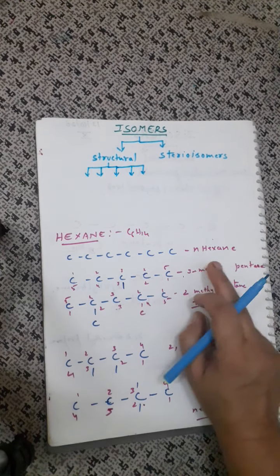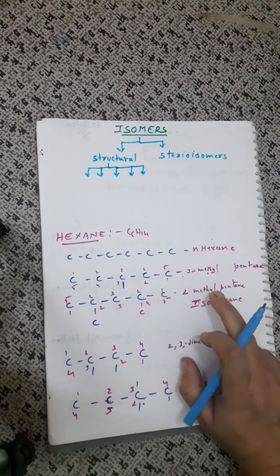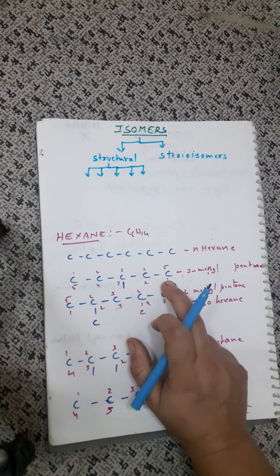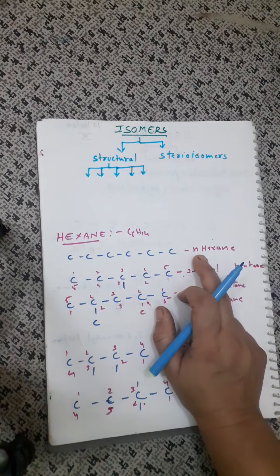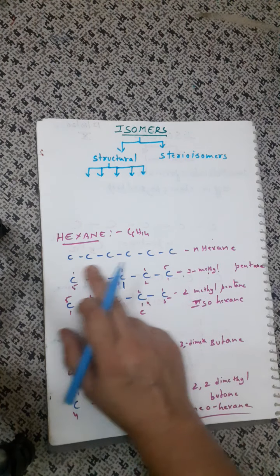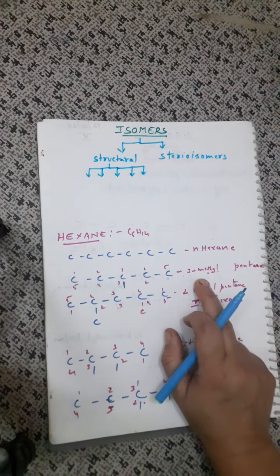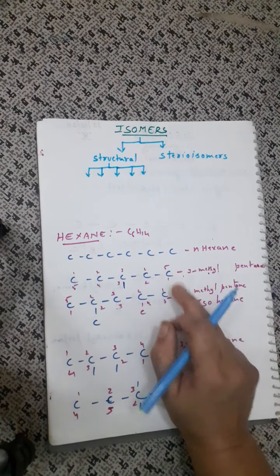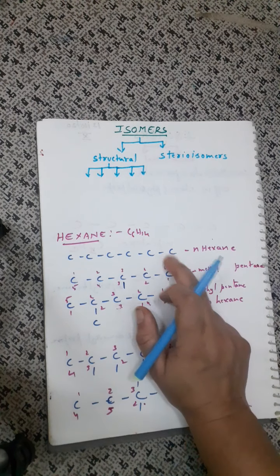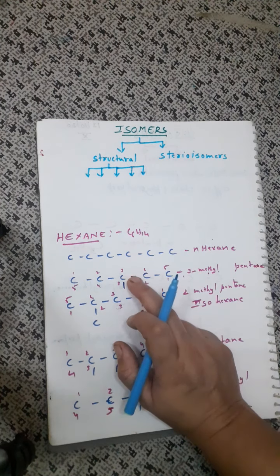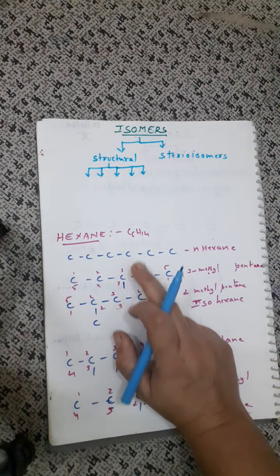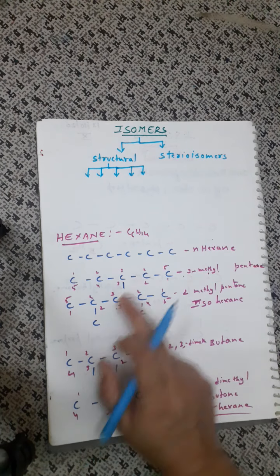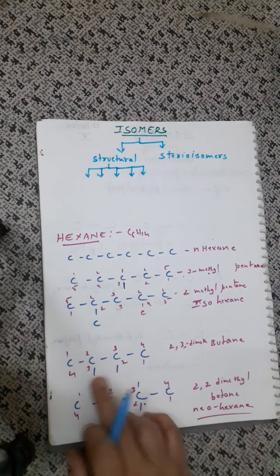Now if you observe this, n-hexane and 3-methyl pentane, what has happened? What is the difference between these two? It is the kind of chain, whether it is a straight chain or a branched chain. So these are called chain isomers, whether it is a straight chain or a branched chain. Similarly, the first with the third is also a chain isomer, and the first with the fourth is also a chain isomer.